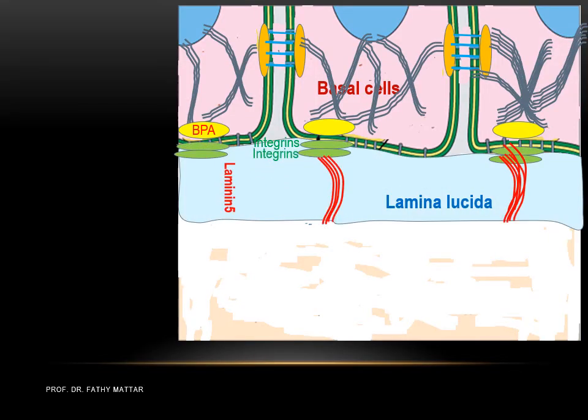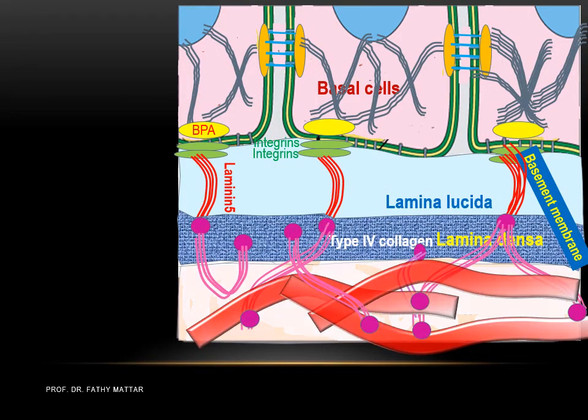Now, the basal cells are connected by hemidesmosomes to the basal lamina, which is formed of lamina lucida and lamina densa, and then special collagen fibers connect the basal lamina to the collagen of the dermis.